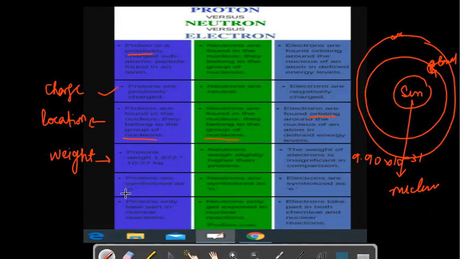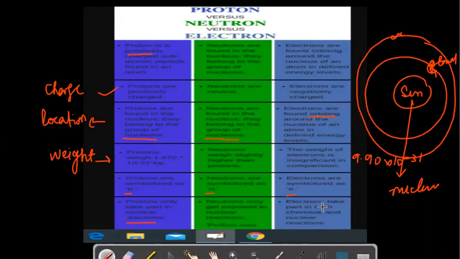You can represent the proton as P positive, the neutron by N, and the electron by E negative. Keep in mind, the protons only take part in the nuclear reactions. The nuclear reaction means the reaction in which the nucleus participates. Similarly, the neutrons only participate in the nuclear reaction, the reaction in which the nucleus is participating.